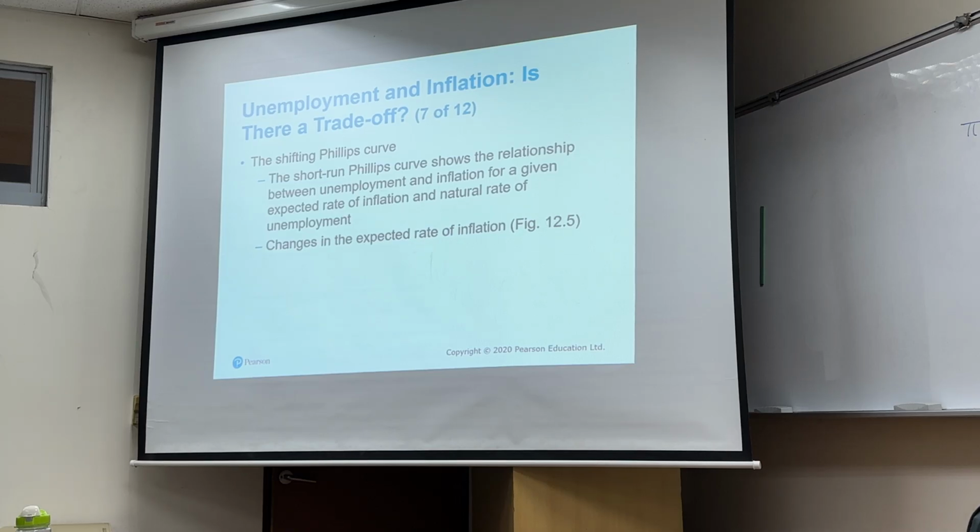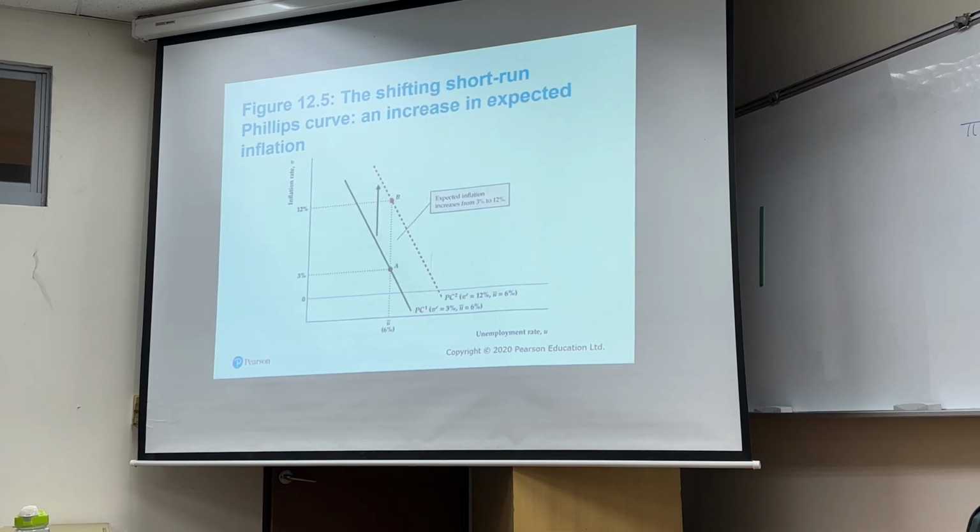But when any factor changes the economy to a worse situation, then the Phillips curve shifts to the right. At any given level, unemployment is higher and inflation is also higher. Just like this.